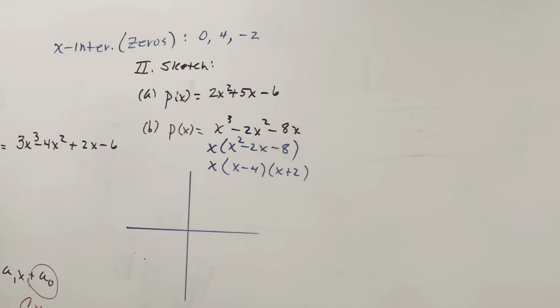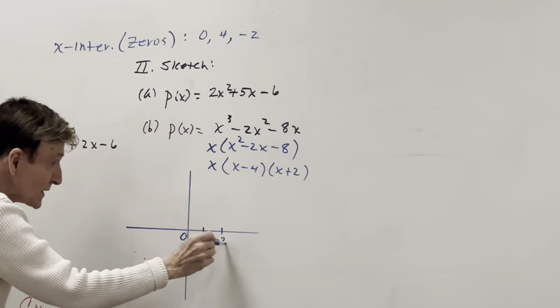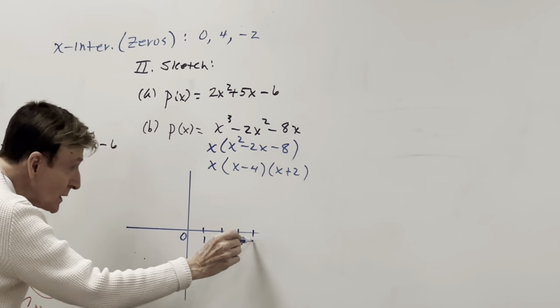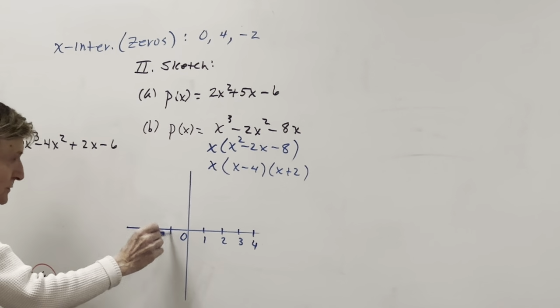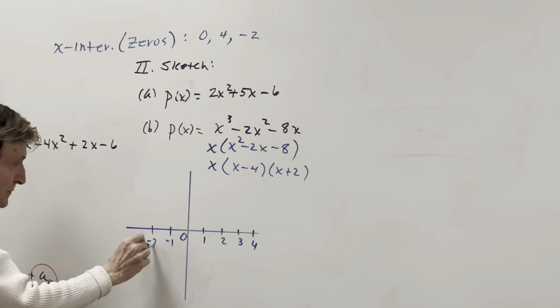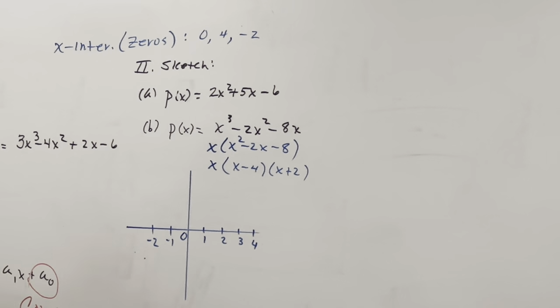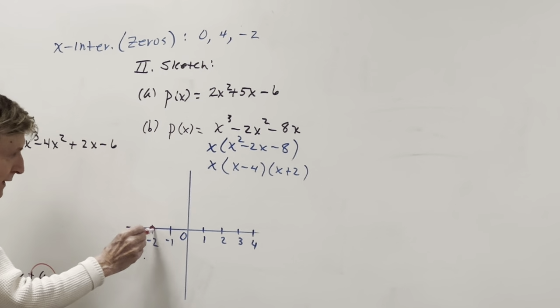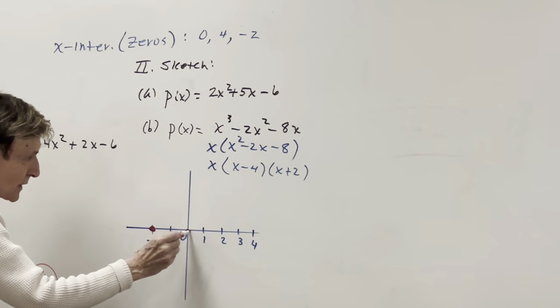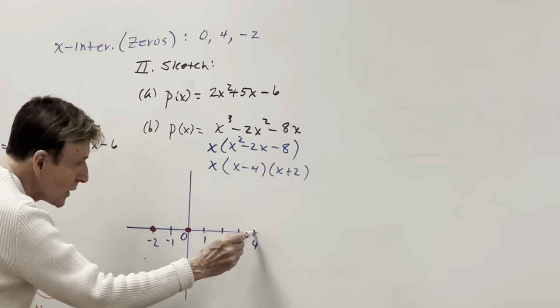And I'll place those on the grid at this moment. A little spacing here to make this look reasonable. And -2. Guys, at this point, I can say, well, I can at least have this to work with. Got -2, 0, and a 4.